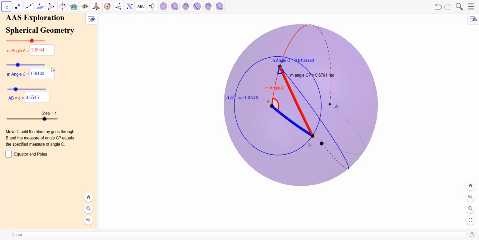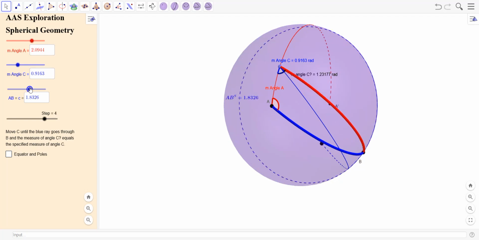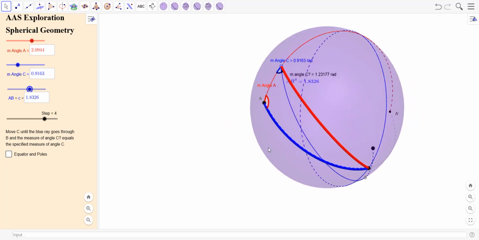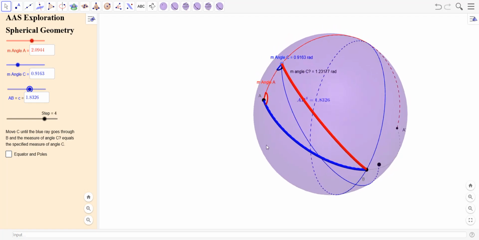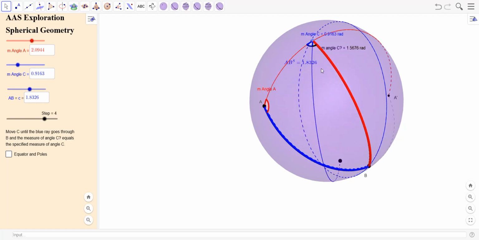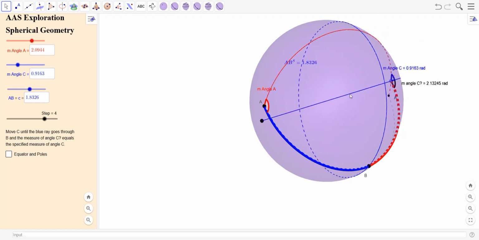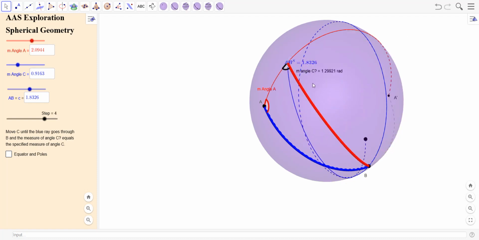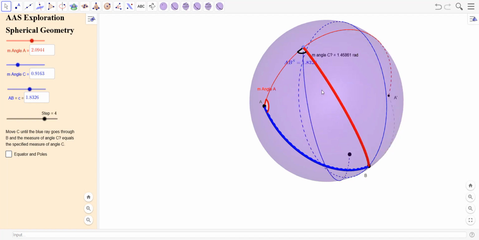Okay, but I want to show you something. If this gets too big, then there can be more than one spot. And I have a specific example that I want to look at.